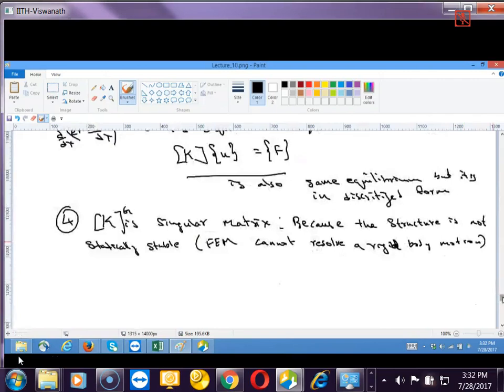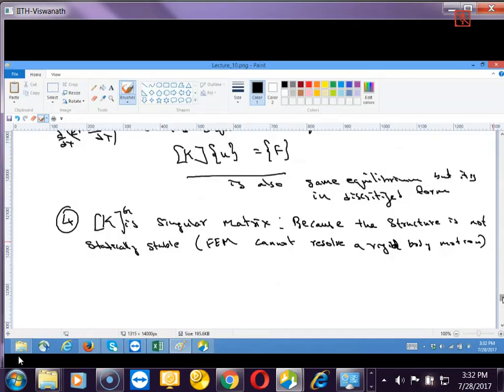So finite element cannot define these kinds of things because it cannot differentiate one rigid body motion from another, because there are infinite combinations of rigid body motions. So all these infinite rigid body motions cannot be captured. That's the reason K is singular.